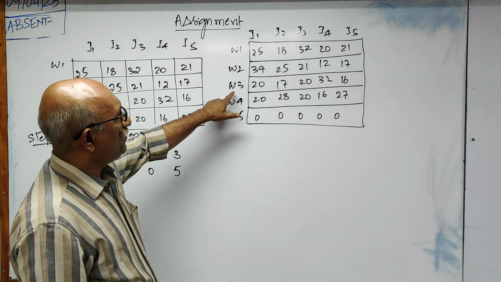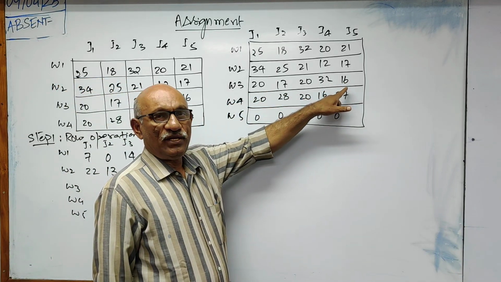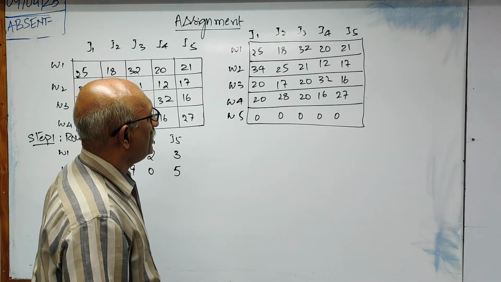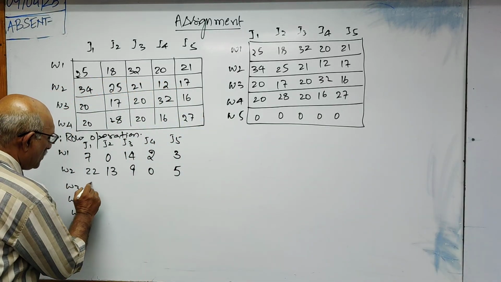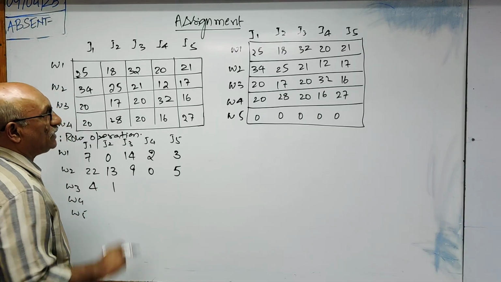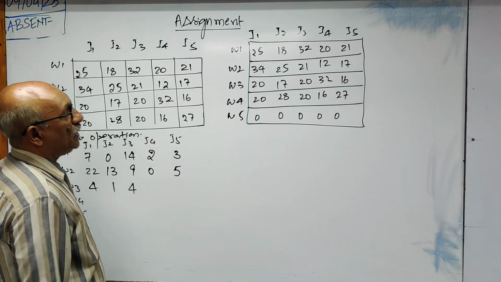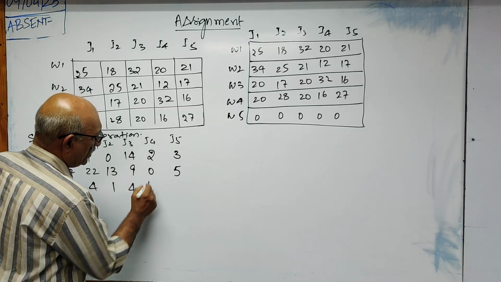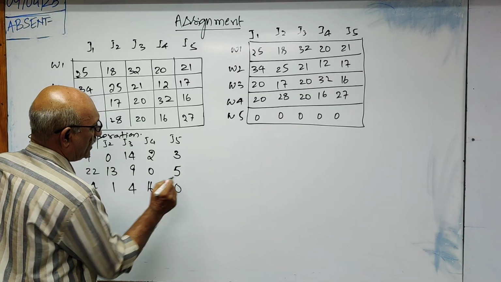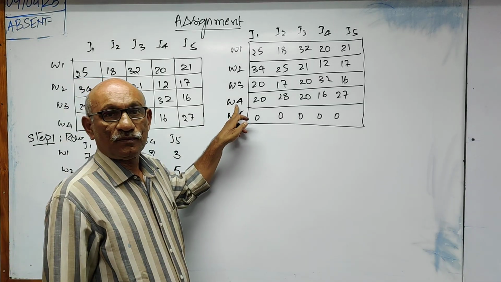Go to the third row. Identify the least value. 16 is the least value. Subtract 16 from each and every element. 20 minus 16 is 4. 17 minus 16 is 1. 20 minus 16 is 4. 32 minus 16 is 16. 16 minus 16 is 0. Now go to the fourth row.